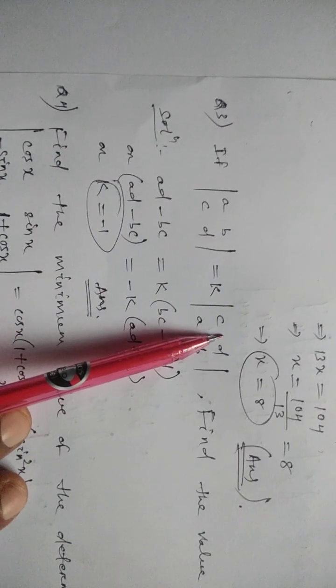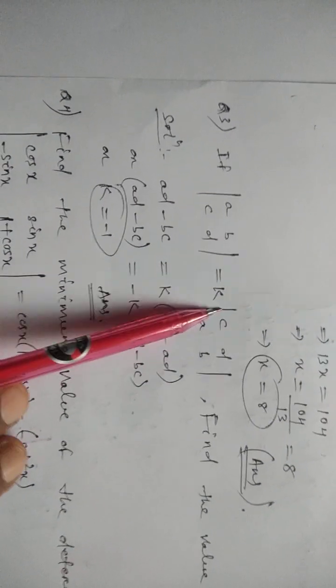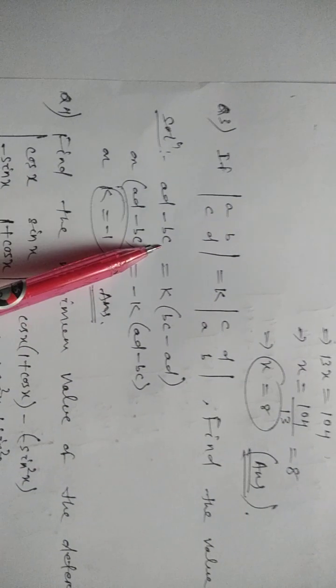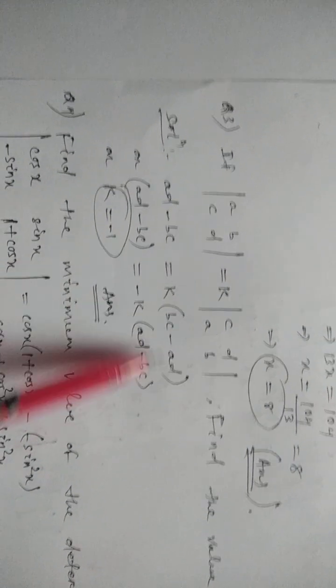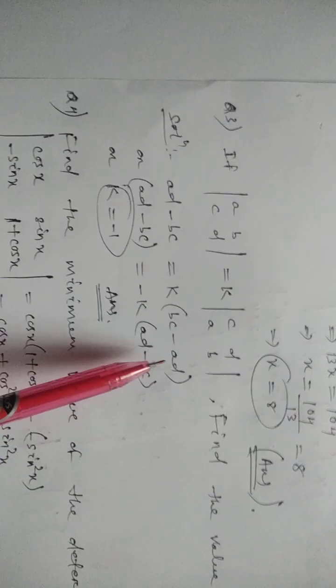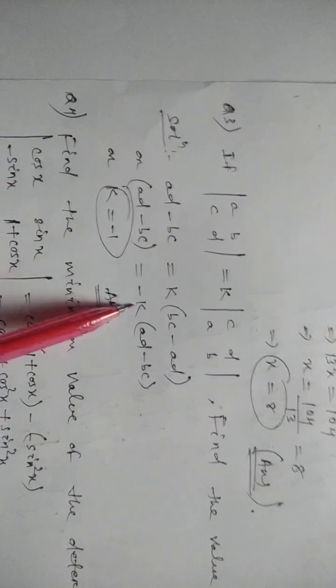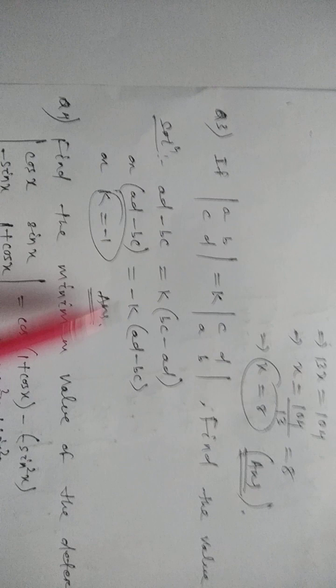And on the right side, it will be BC minus AD into K. So just compare: here is AD minus BC, and within the bracket on the right side it is BC minus AD. So minus common, so AD minus BC cancels on both sides. So minus K is 1, so K is equal to minus 1.